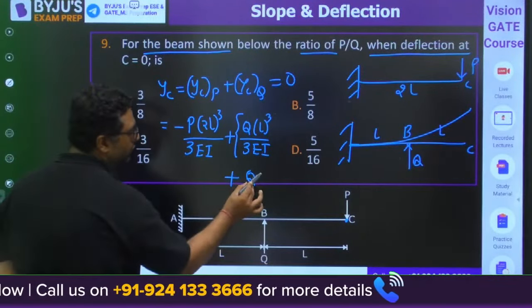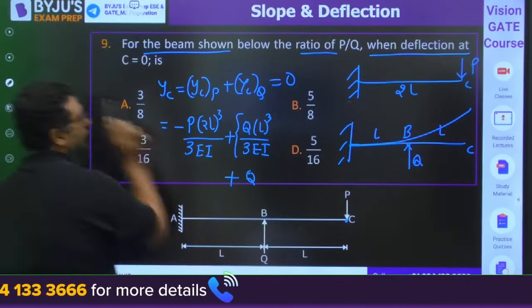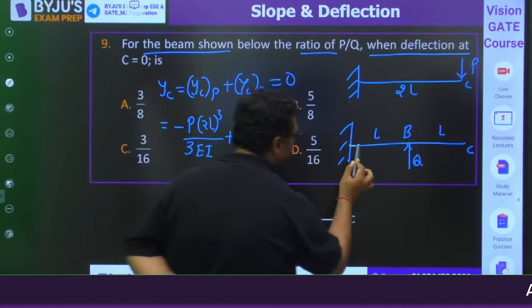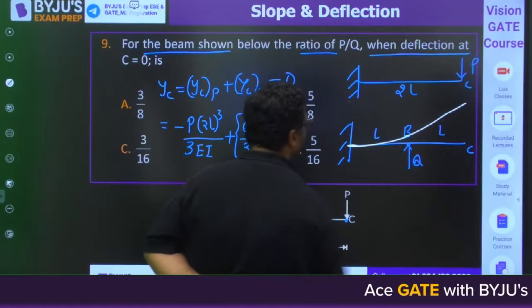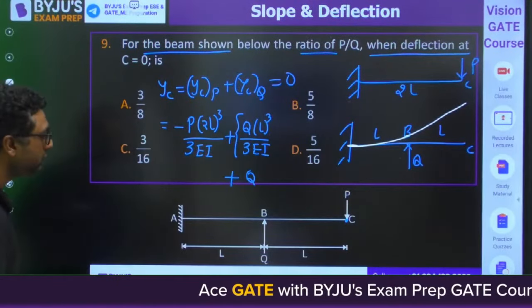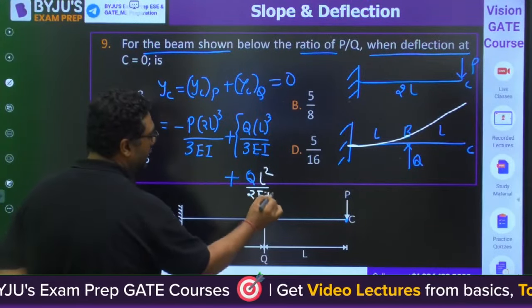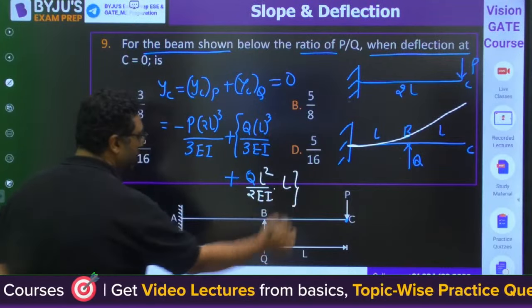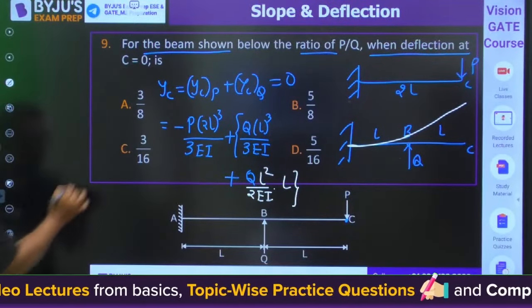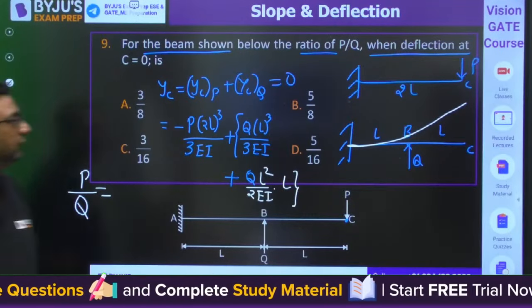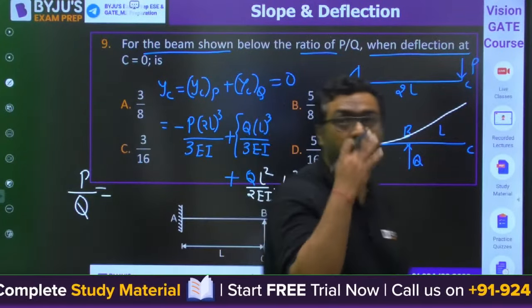So Q will be going for deflection like this. Q L square upon 2EI into L. Solve it. Find the ratio. Options are in front of you.